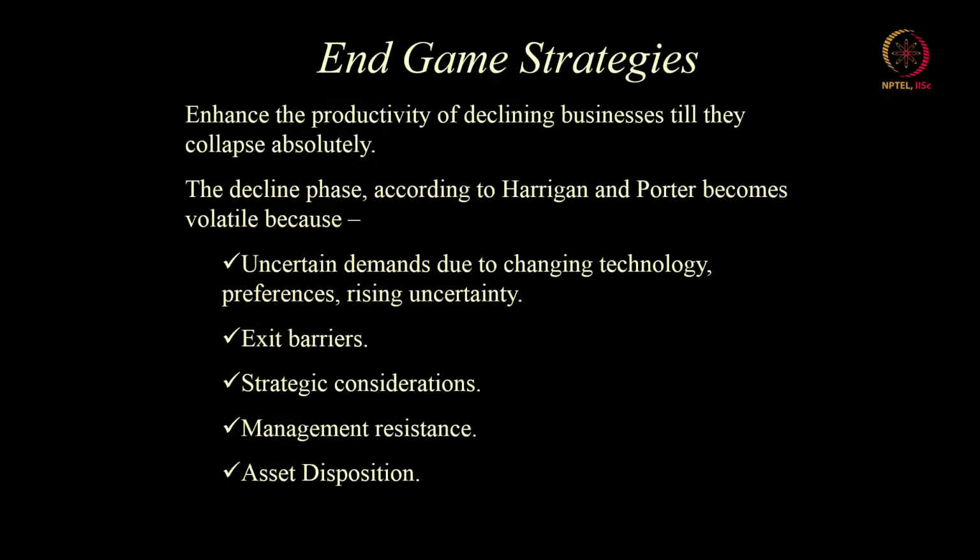Suppose a business is declining, it is very easy to say that this business is not making profits, so close this business. The best example for this which I can think of in the Indian scenario is none other than the Ambassador car.